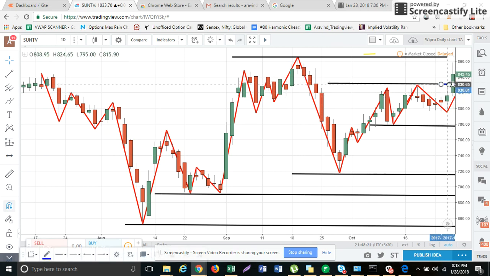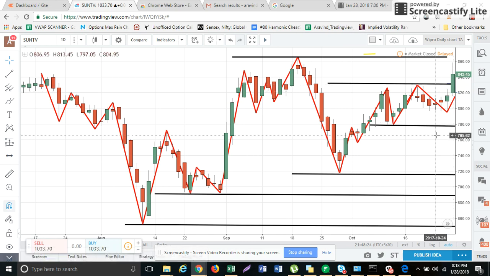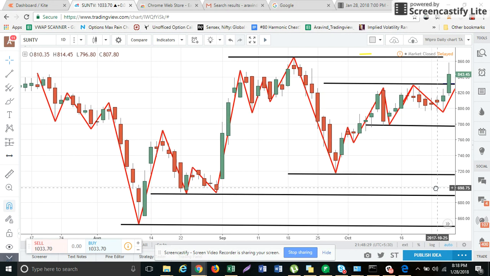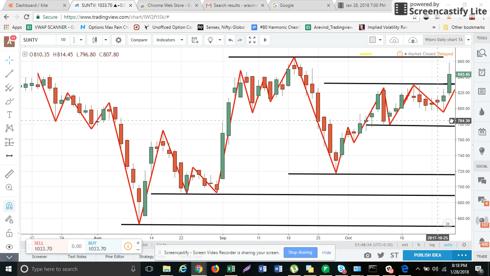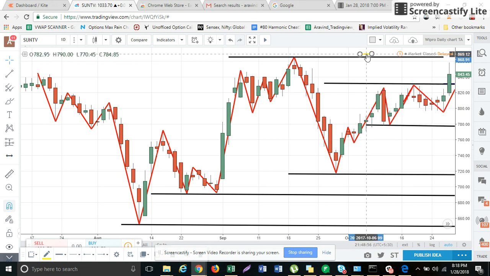So we'll just make a point here. This is the level where our buy trade has been executed, which is 829.65, and I'll update the stop loss as the low of that candle.